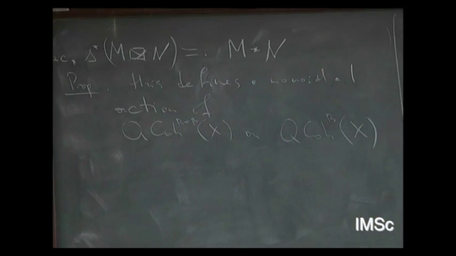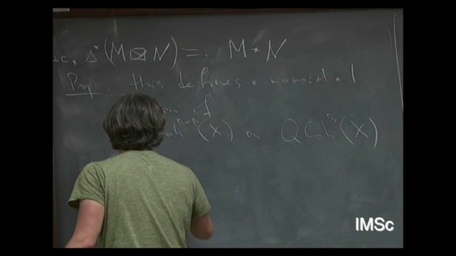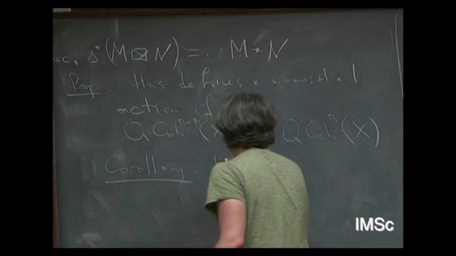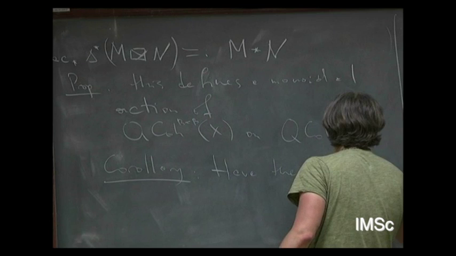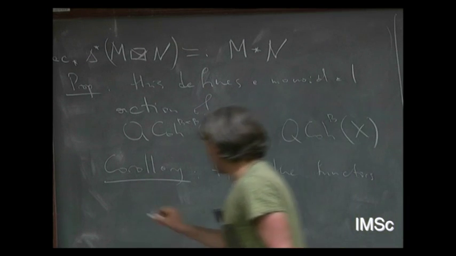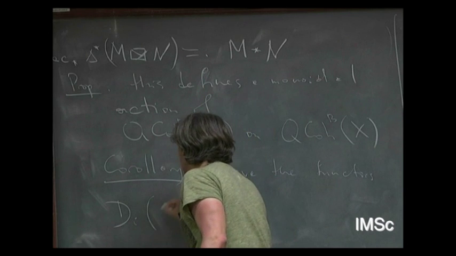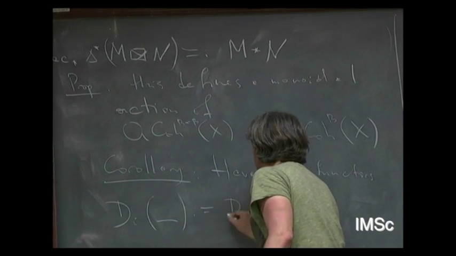So in particular, we have corollary. So we have functors, which I denote still by the letter delta i. So delta i of something is just convolution with delta i.